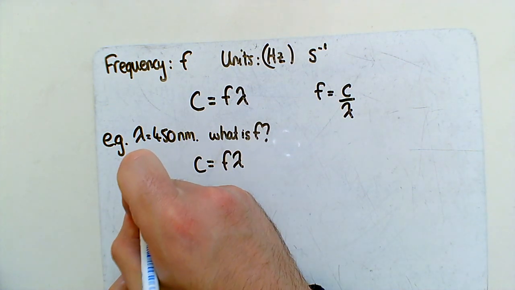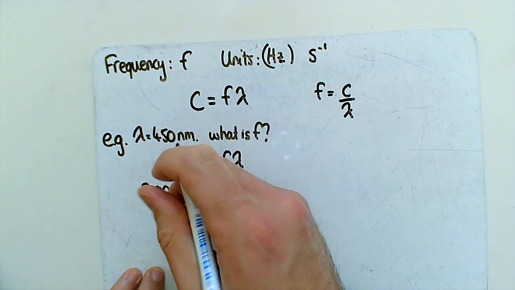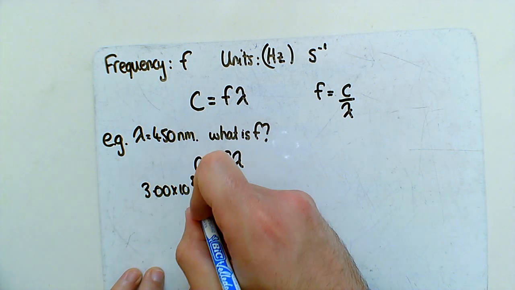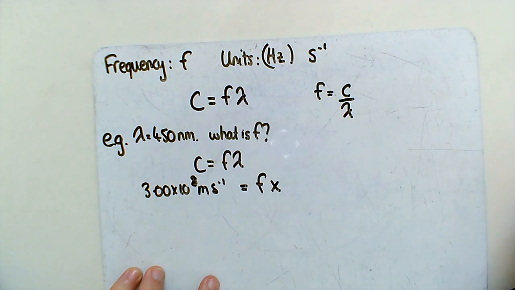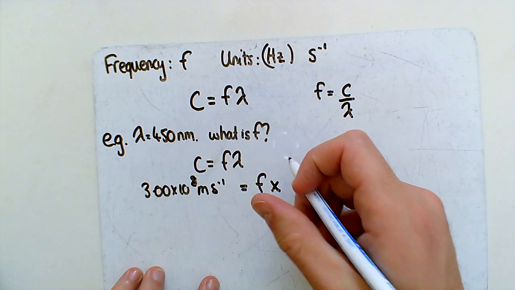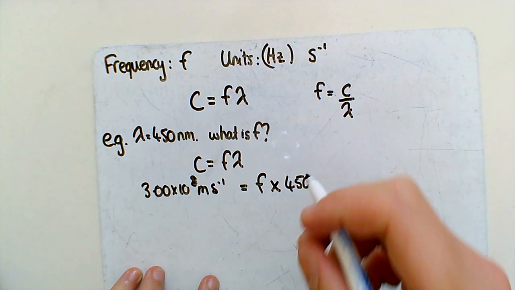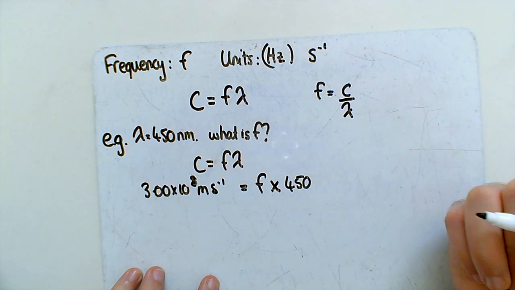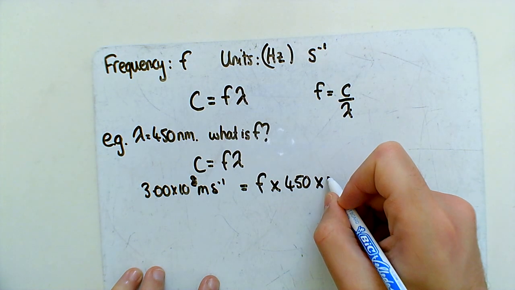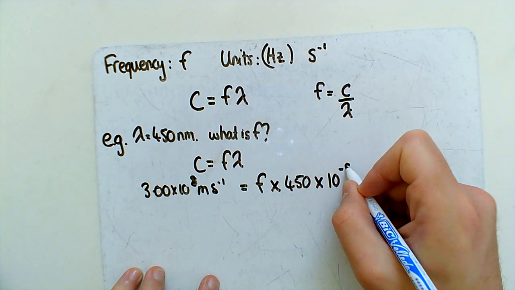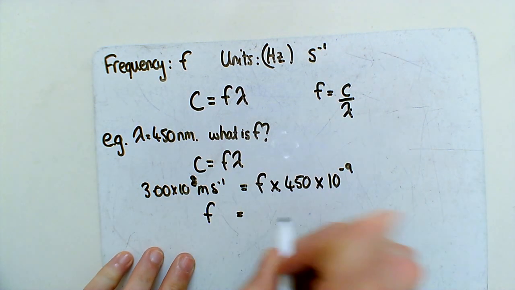We know that c is always 3.00 times 10 to the 8, meters per second, is equal to f multiplied by lambda. Now lambda is 450 nanometers, but we need it in meters, so we need to remember that 1 nanometer is 1 times 10 to the minus 9. So we multiply this by 10 to the minus 9 there.